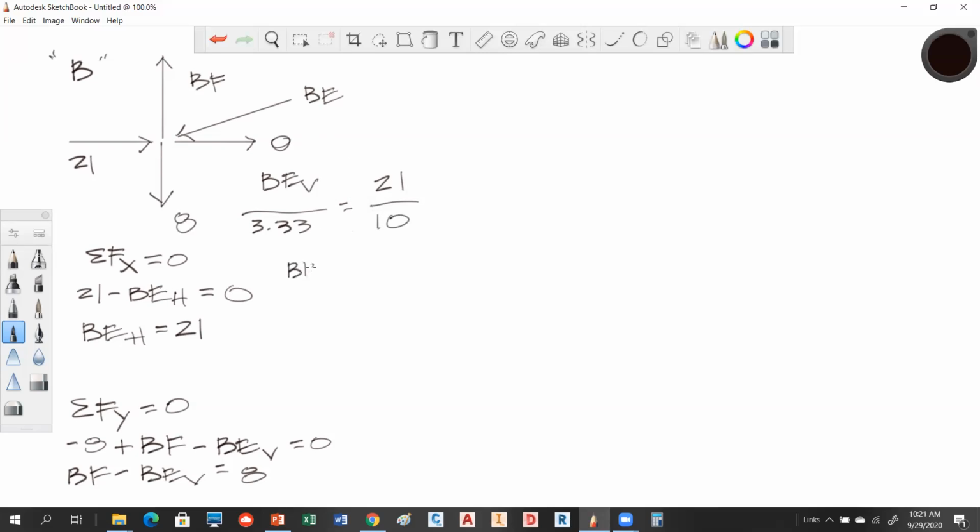So BE vert will be 3.33 times 21 divided by 10. Basically 7. Is that what you guys get?